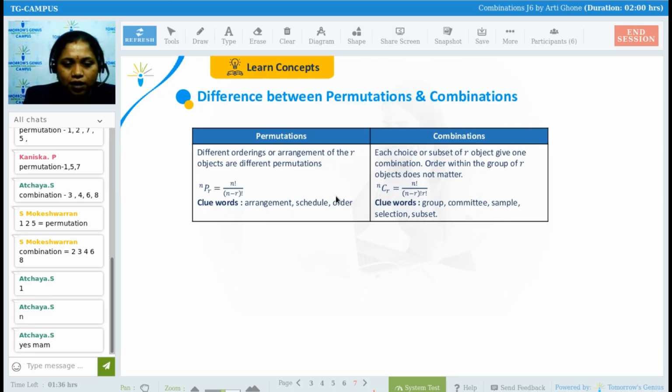Okay. Now, tell me the result quickly. What is the answer for 9P2 and 9C2?